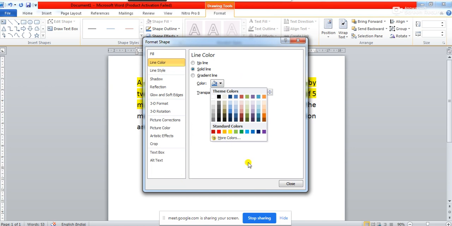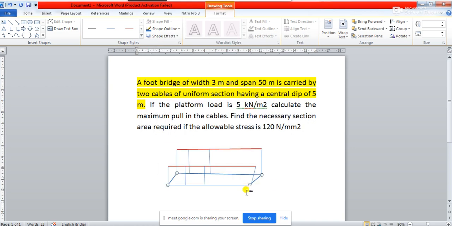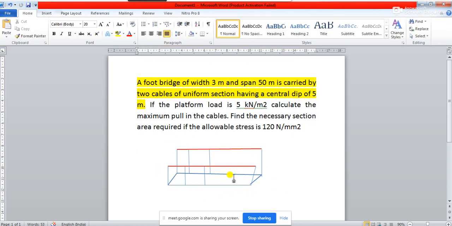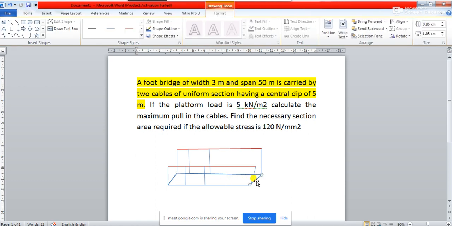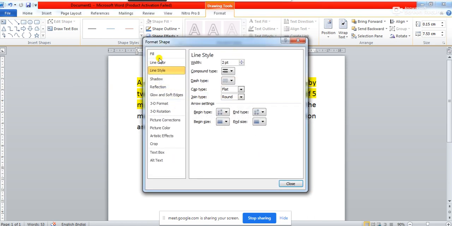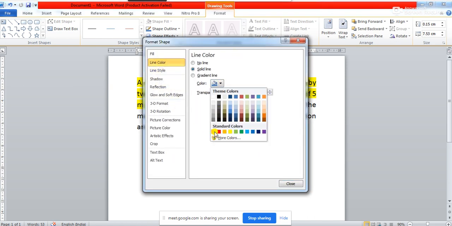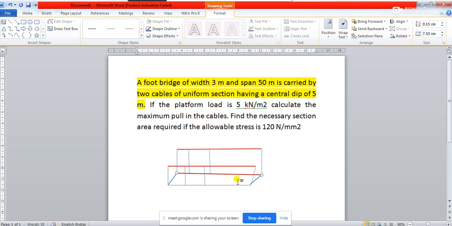So let's say this, and this, these four constitute the deck of the bridge. Color is not changing, right?